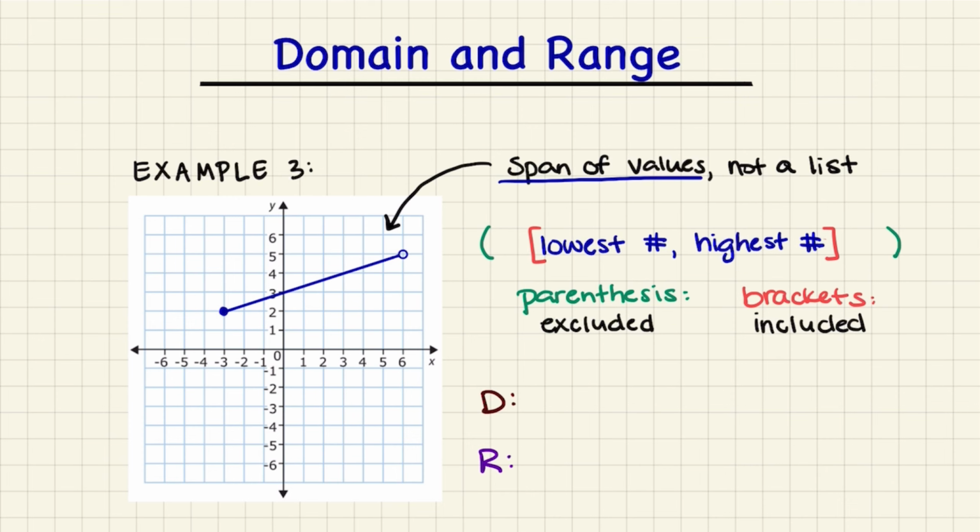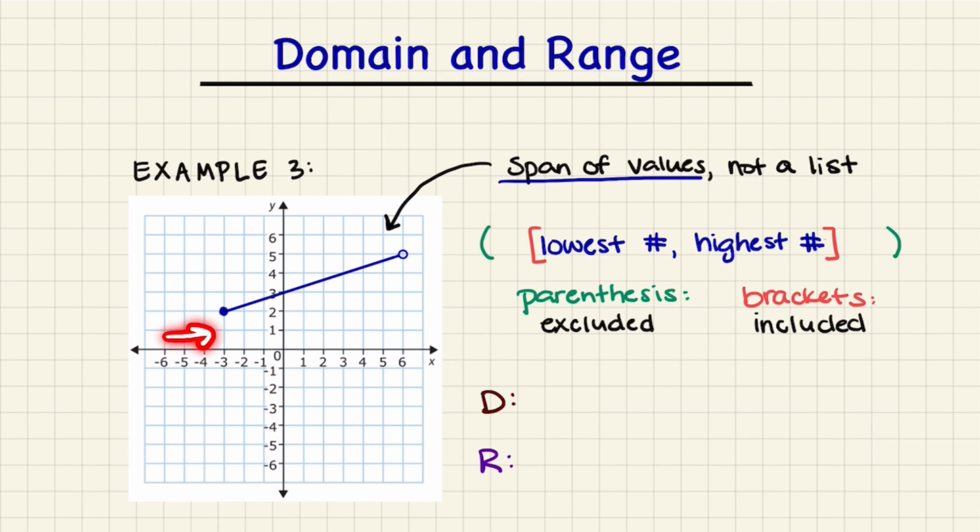So what does this mean? Well, let's start with domain. And remember, the domain is the set of x values. So we look at our line, and what is the lowest x value that our line contains? Well, let me look at -6, for example. -6 is not included in the line. -5, -4.